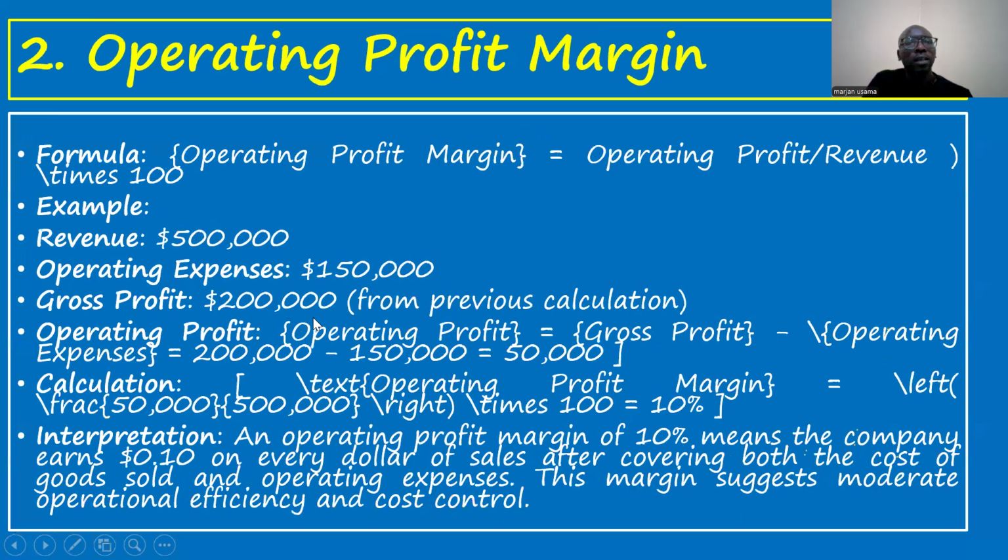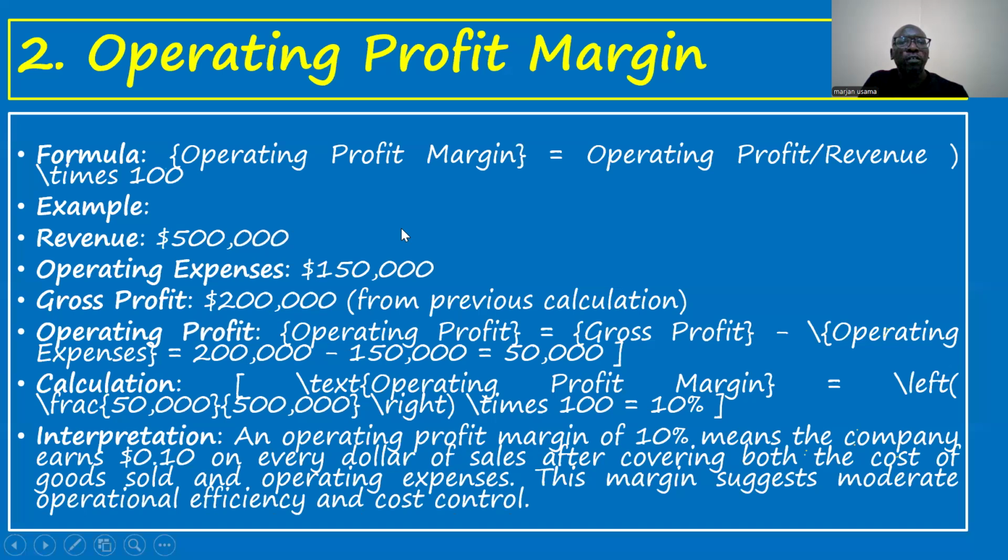So how will you calculate your operating profit? The operating profit equals gross profit minus the operating expenses. So it is 200,000 minus 150,000, and you get the operating profit.